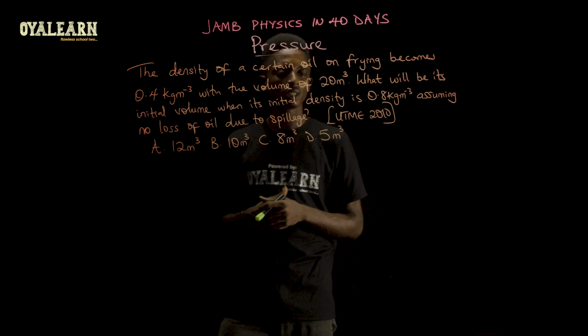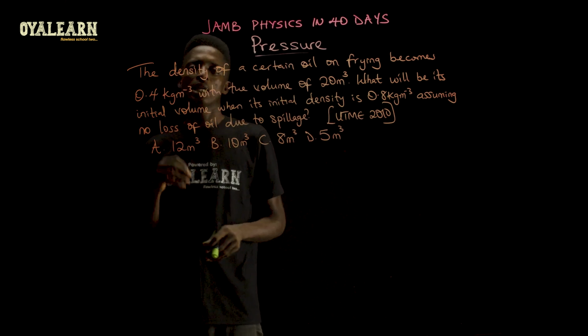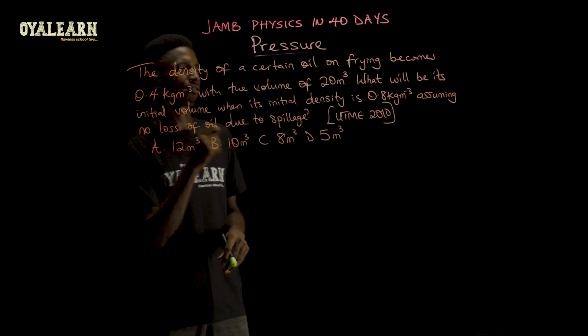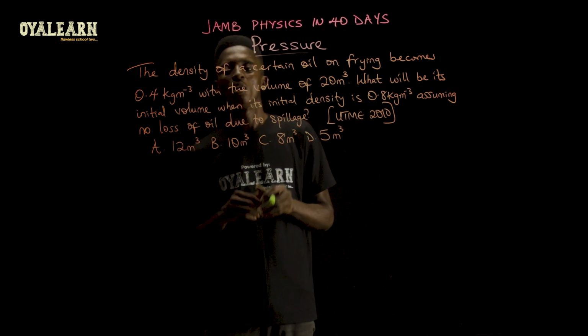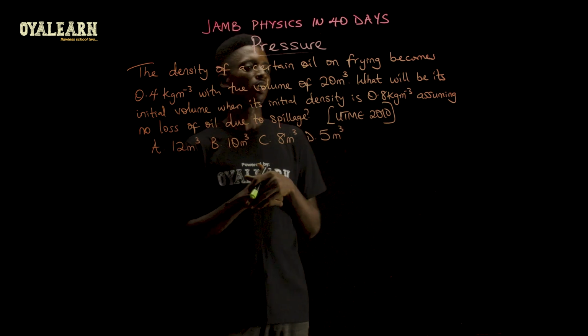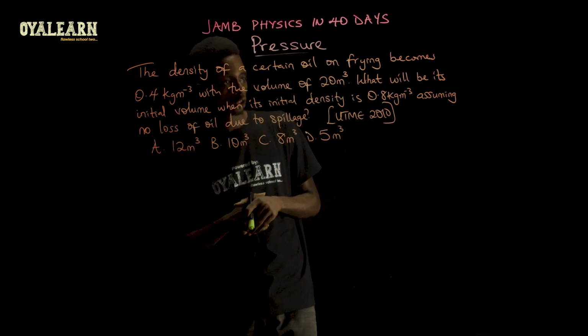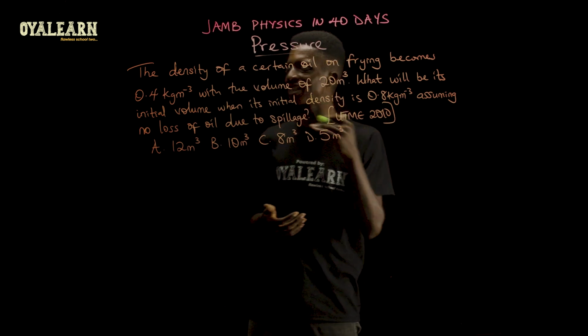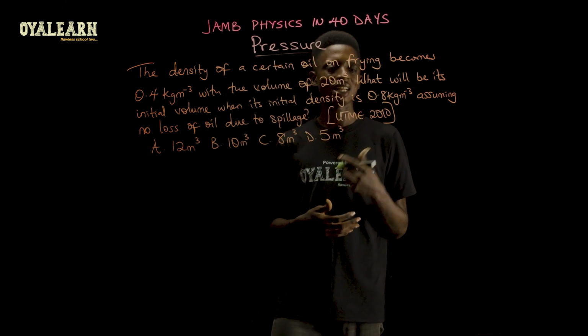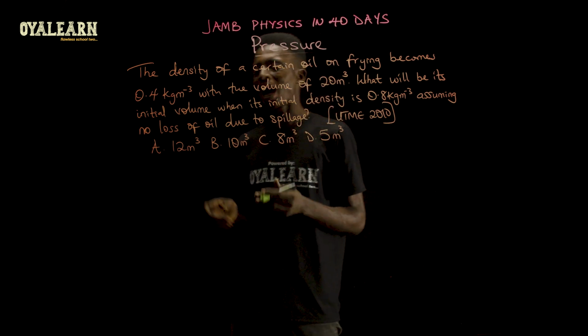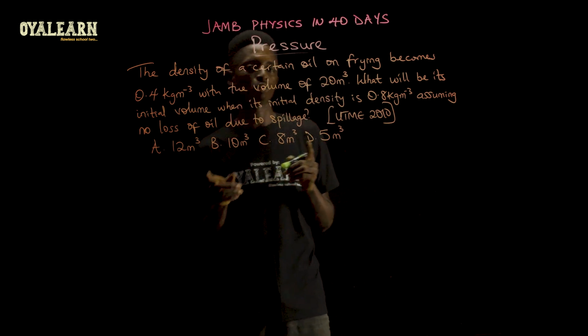This question from the 2010 UTME says, the density of a certain oil on frying becomes 0.4 kilogram per meter cube with the volume of 20 meter cubed. Now, what will be its initial volume when its initial density is 0.8 kilogram per meter cube, assuming no loss of oil due to spillage?